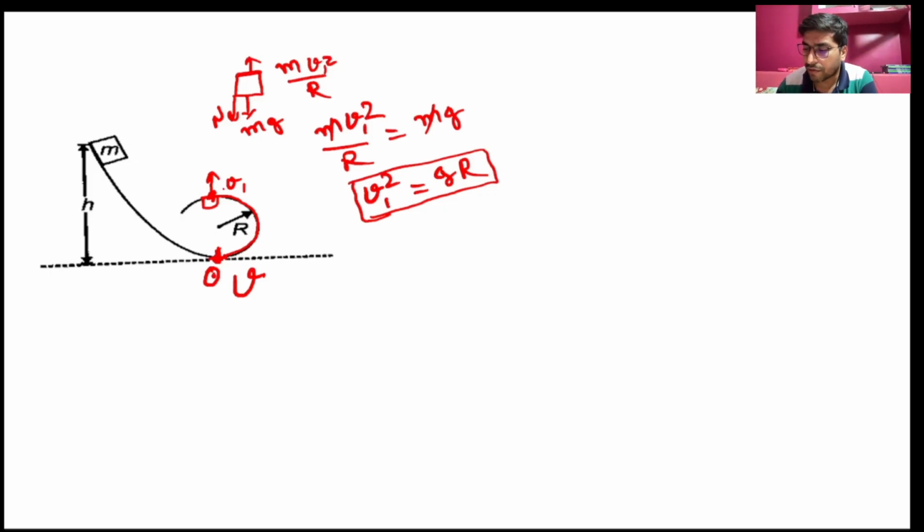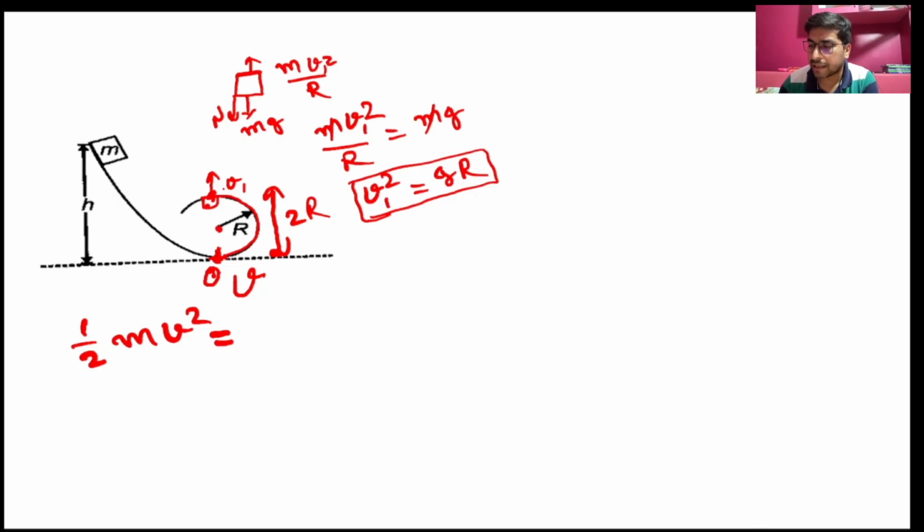So the total energy of the mass m at point O is half m v square. This energy should be equal to the energy when the object is at the maximum height. The height of this maximum point is 2r, because from here to here is r, and here to here is r.